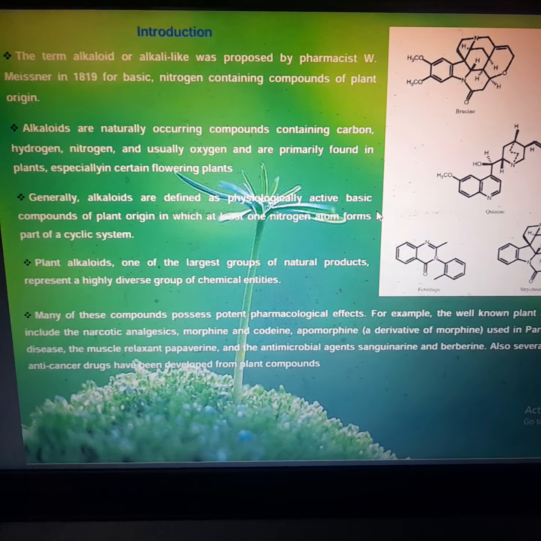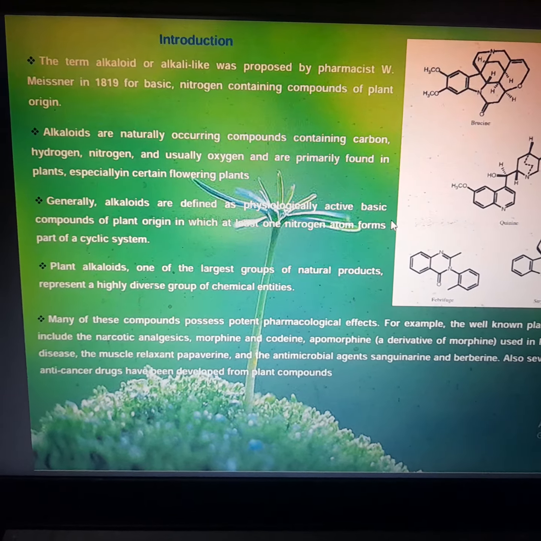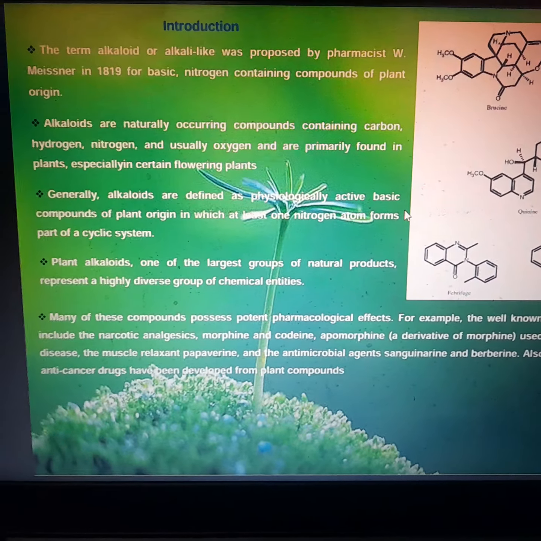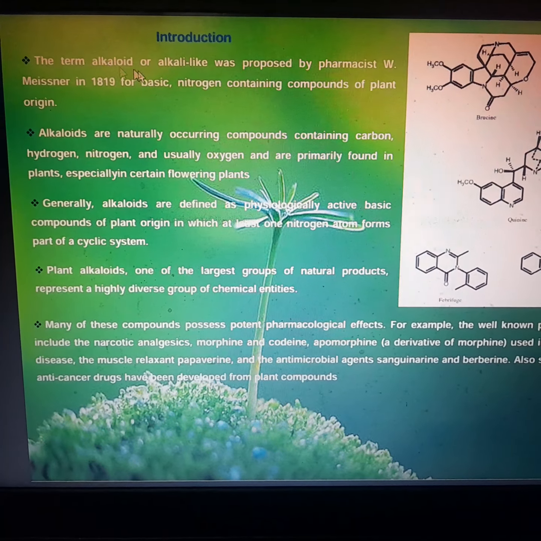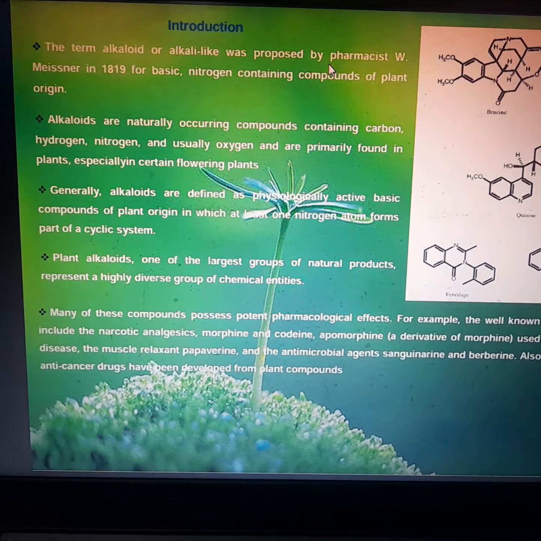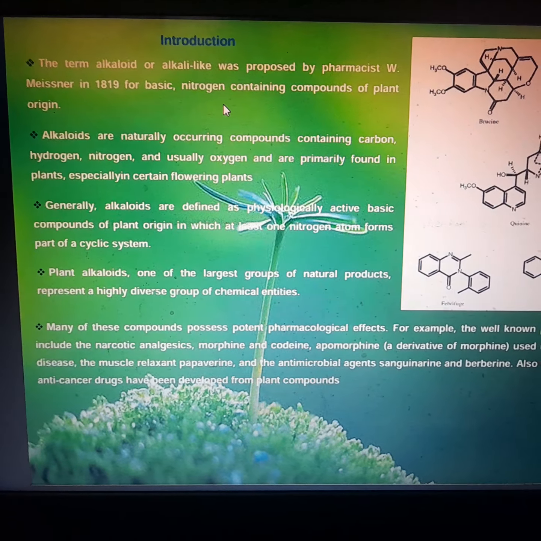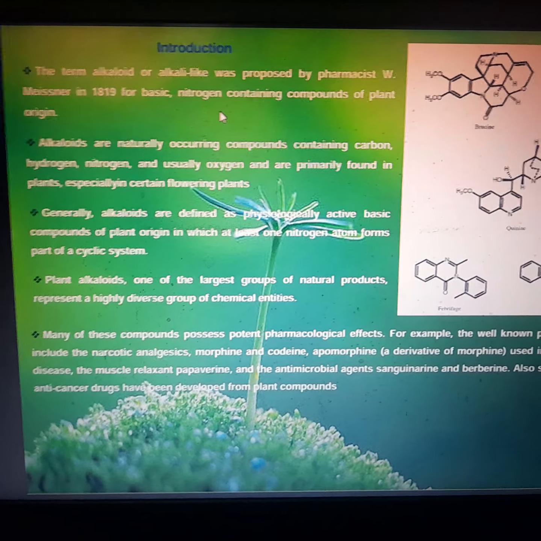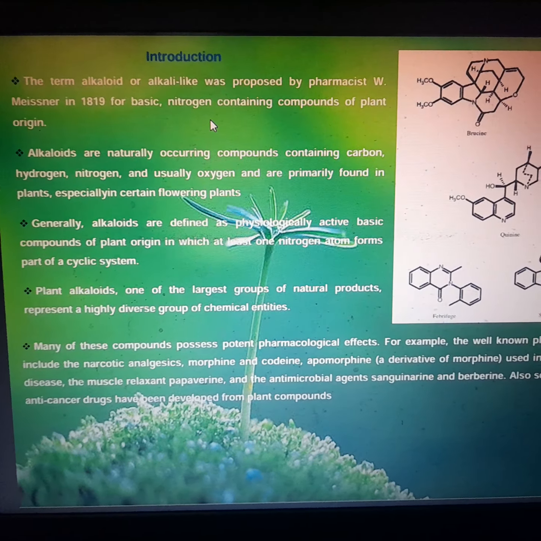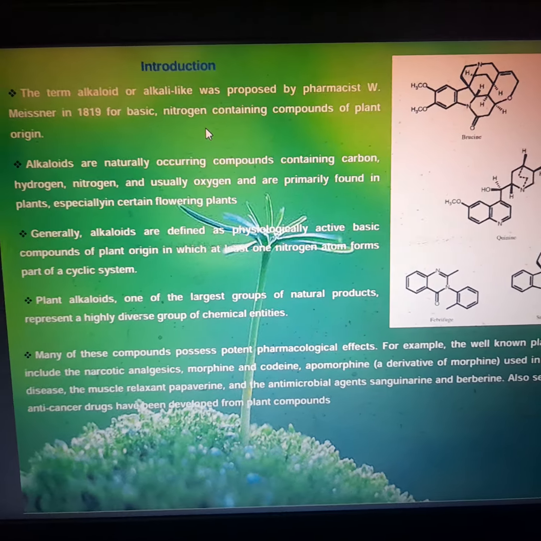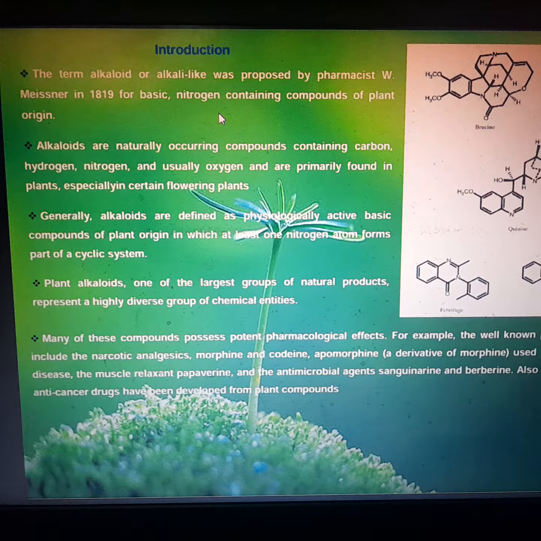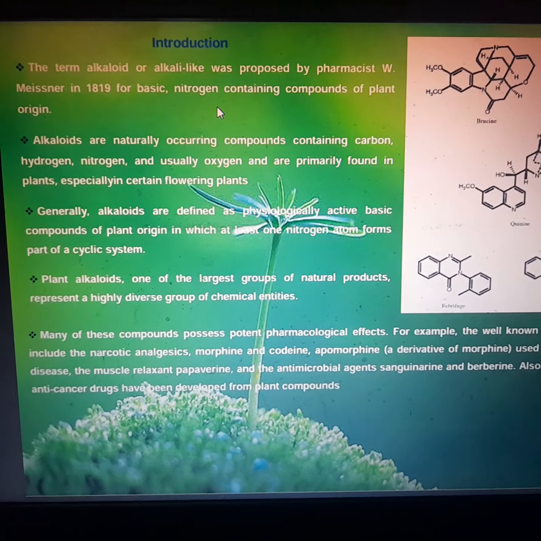So, firstly, we will talk about the introduction for the alkaloids. The term alkaloids or alkali-like was proposed by pharmacist W. Meissner in 1819 for basic nitrogen-containing compounds of plant origin. So basically, alkaloids means alkali-like.